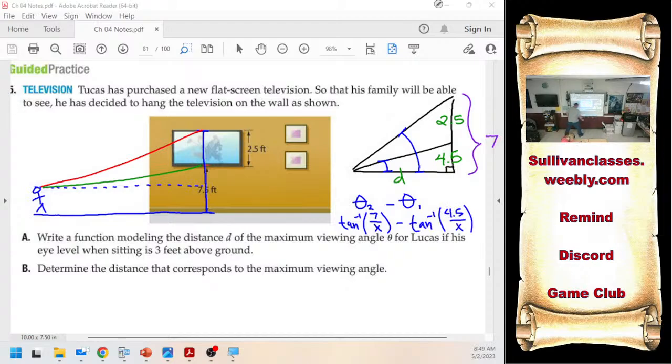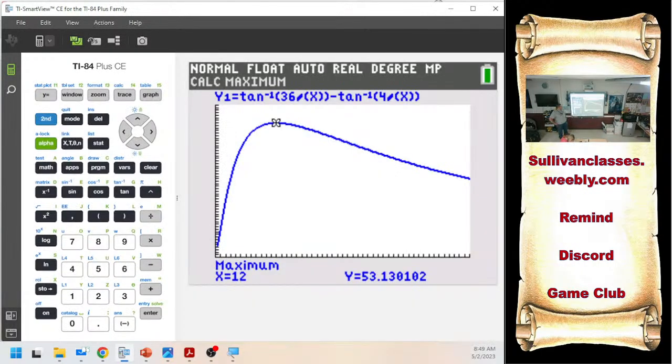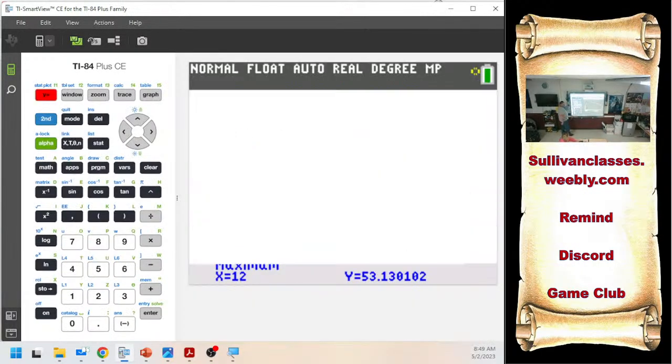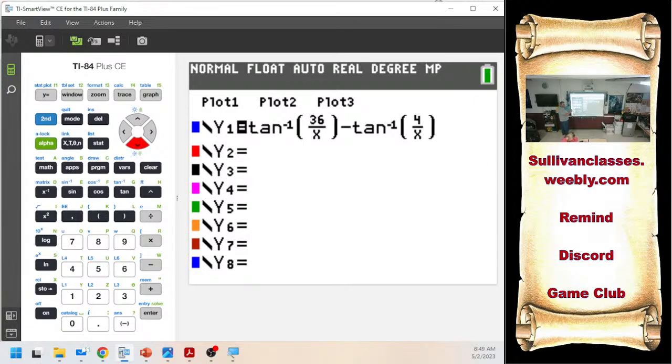And just for a comparison, since I've got it right here anyway, I'm going to put that into y2 just so we can see the Tucus here versus the movie theater.